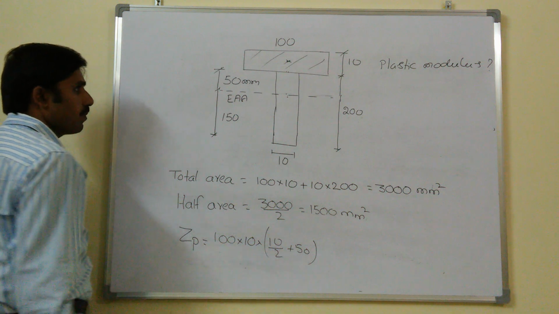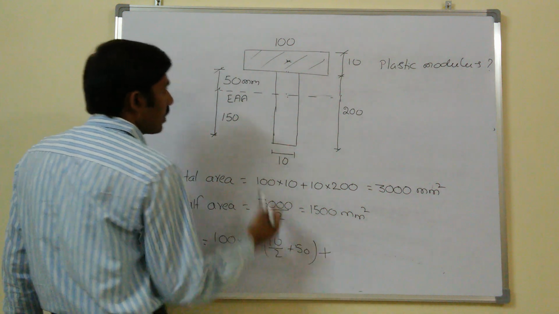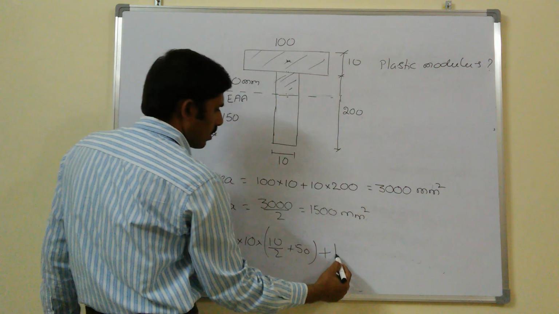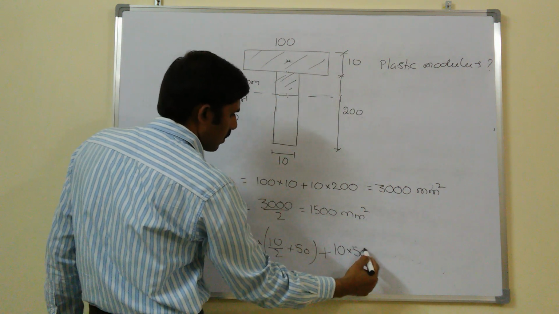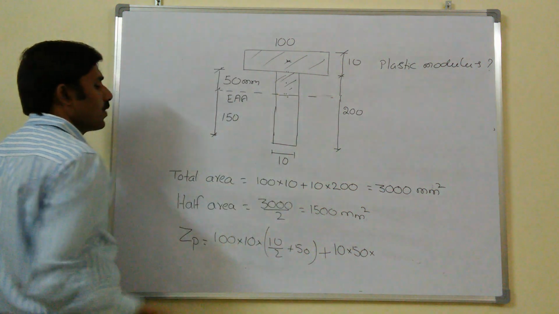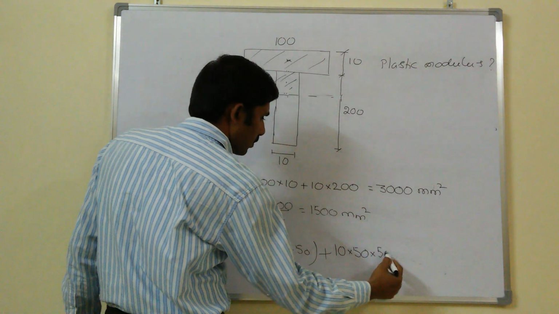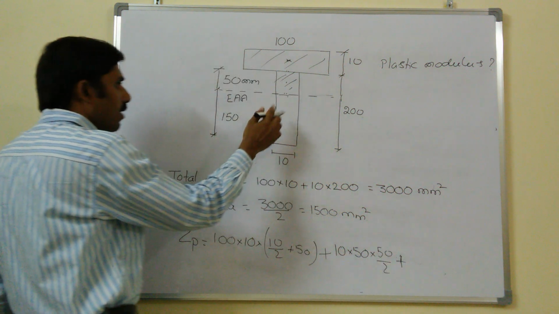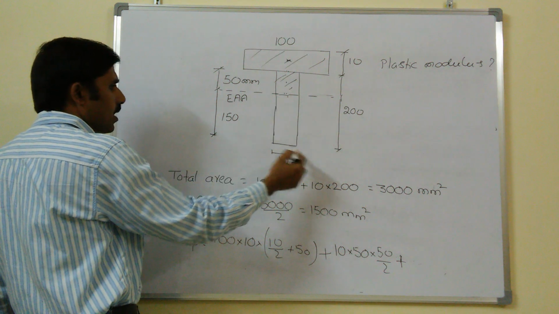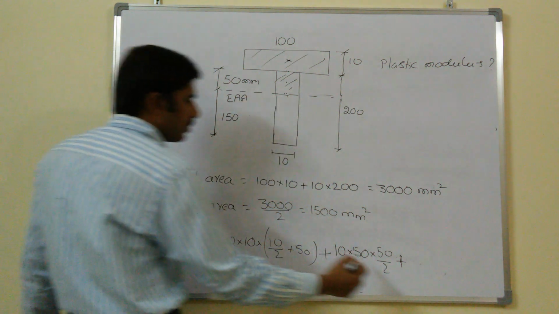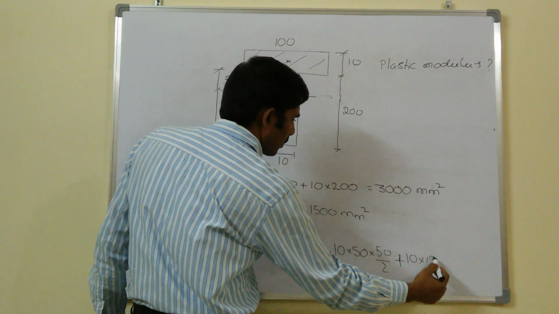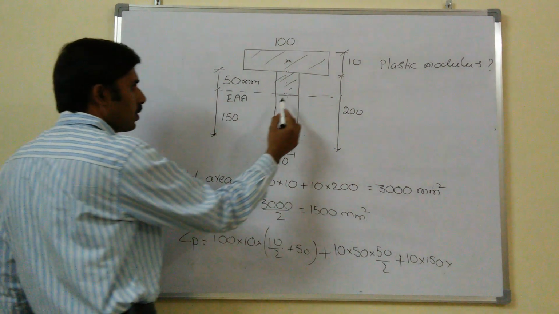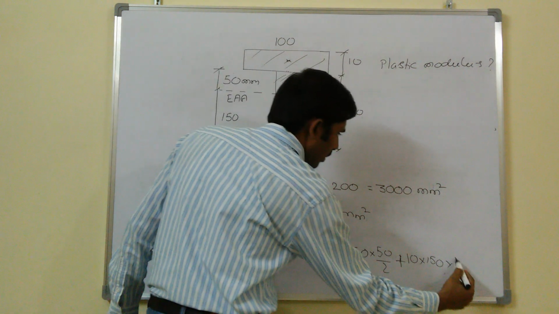So 10 by 2 plus 50, plus this area, 10 into 50, into centroid distance 50 by 2, plus below the equilibrium axis the rectangle is 10 into 150, into centroid distance 150 by 2, from here to the centroid.